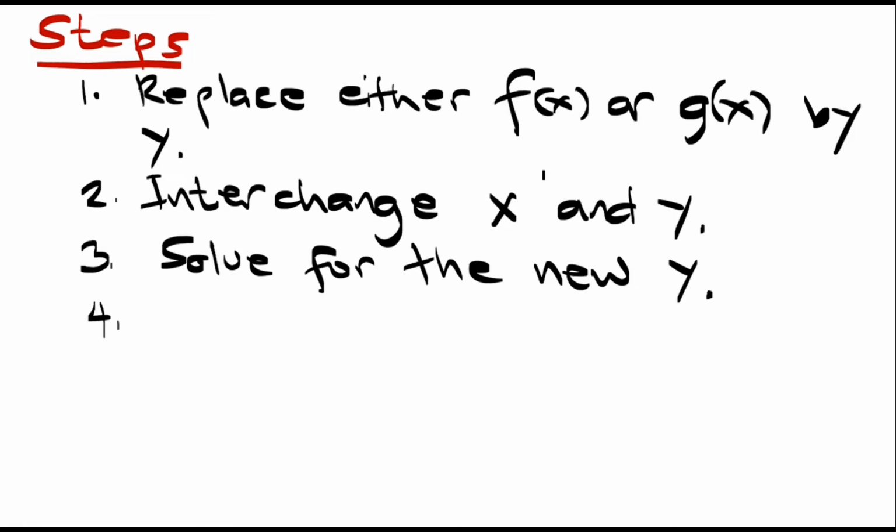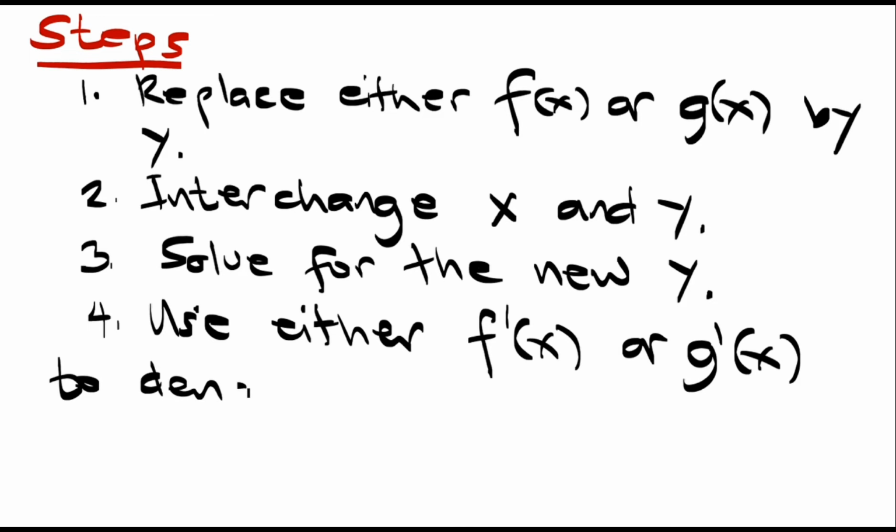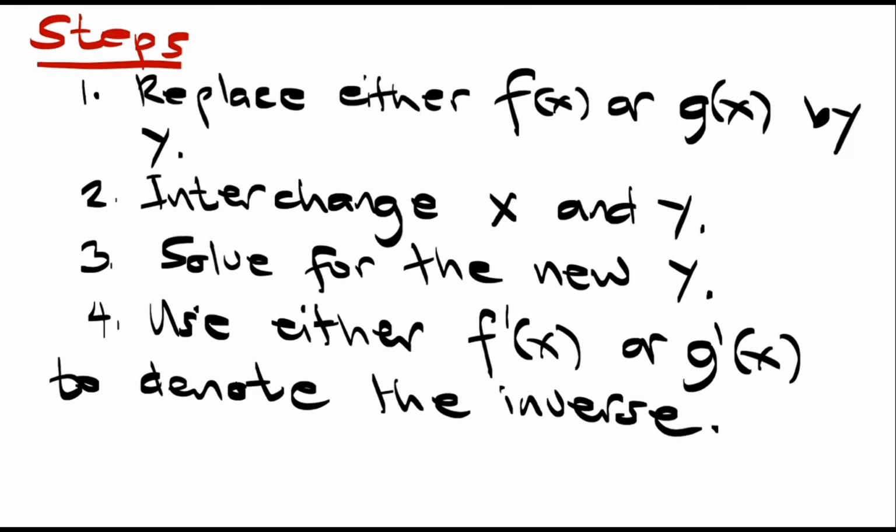To denote the inverse of f of x, depending on the given function, use either f prime of x or g prime of x to denote the inverse. So these are the four simple steps in finding the inverse of a given function.